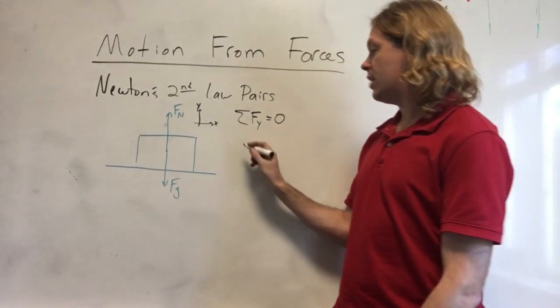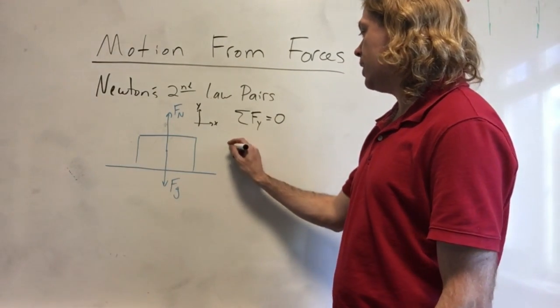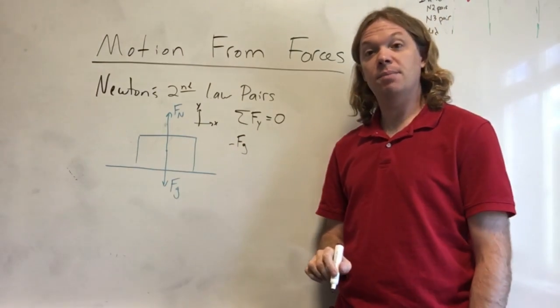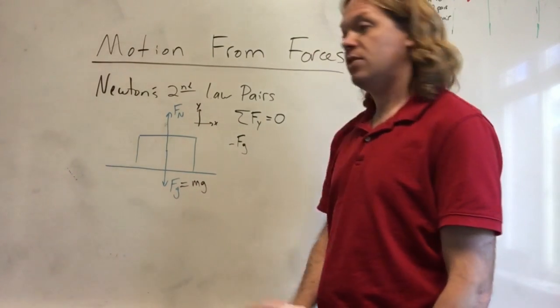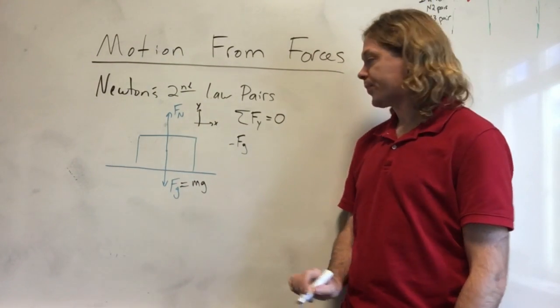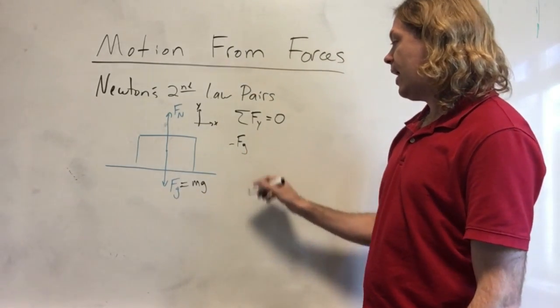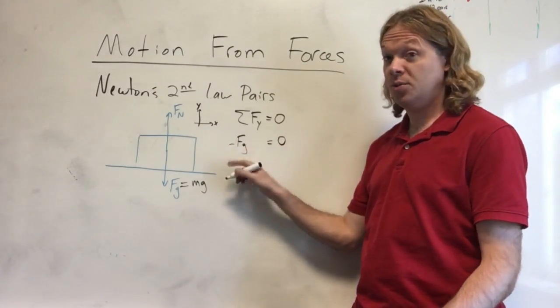So if I try to do this, I start with, okay, I have an Fg. It's pointed downwards, so I'm going to write negative Fg, the negative sign being downwards, and the magnitude of the gravitational force is simply m times g. But I can't have just that force, right? I can't have this equal to 0 because I know the gravitational force is not 0.